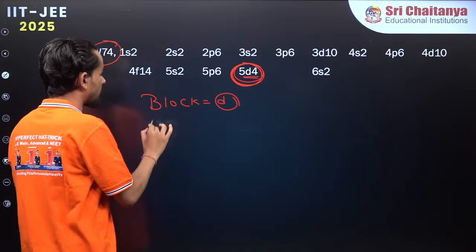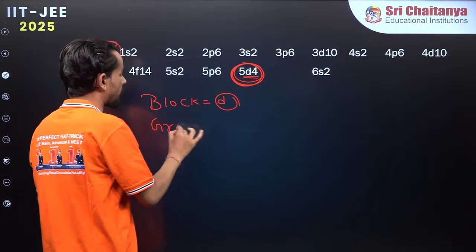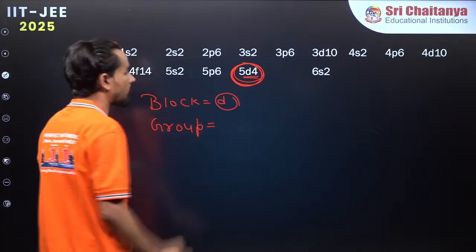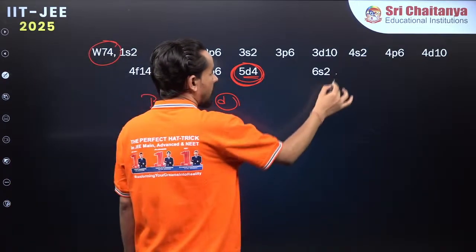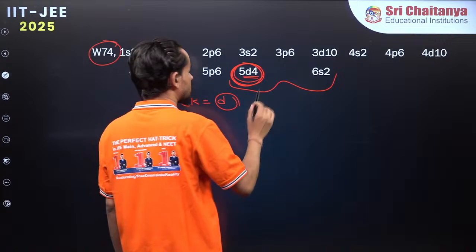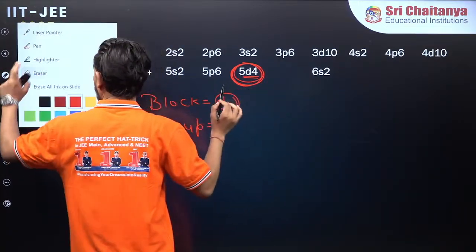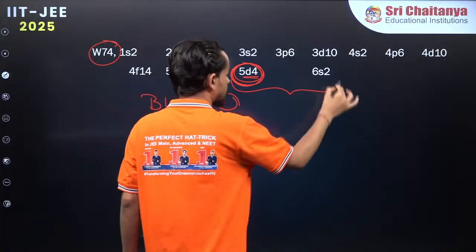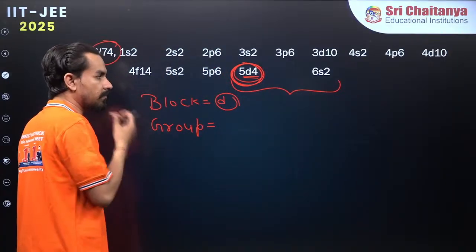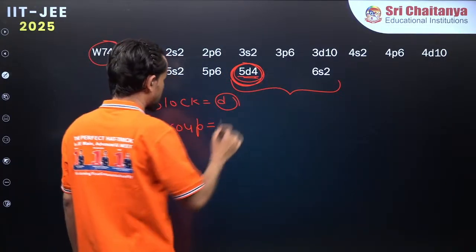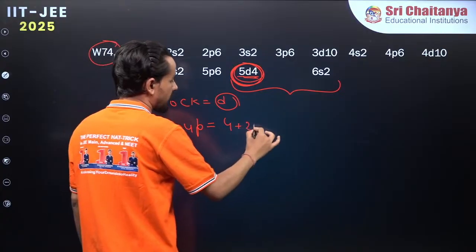Apart from that, if we talk about group, in case of d block, we have to check ns and n-1d electrons, where n is 6, that is the highest shell, and n-1 is 5. So 4 plus 2 will be equal to 6.